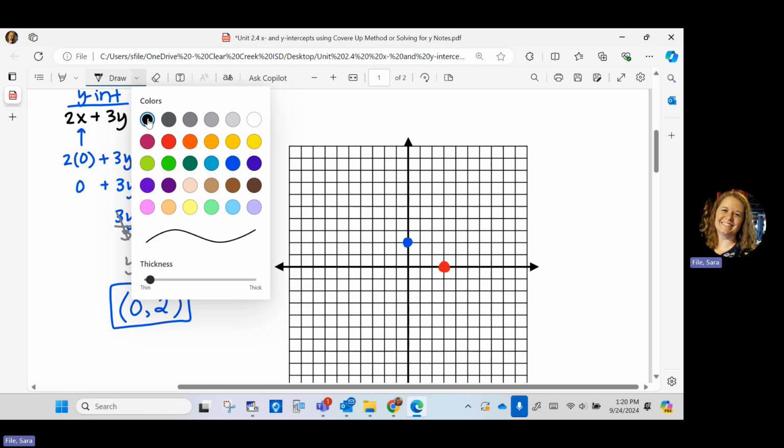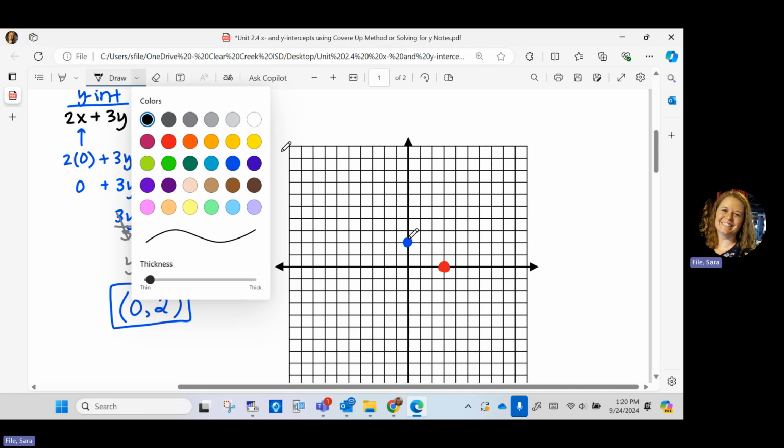If you wanted to get additional points, if you're kind of picky on how straight your line is and you need more points, you could simply count the slope between these and then repeat it. So from the x-intercept to the y-intercept, it's up 2, left 3.